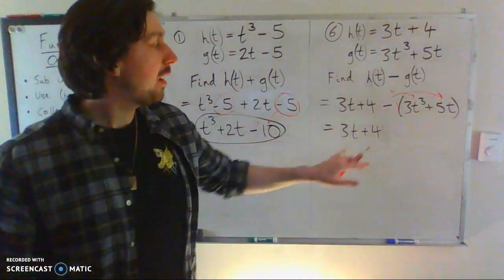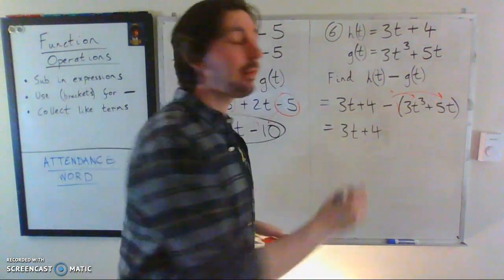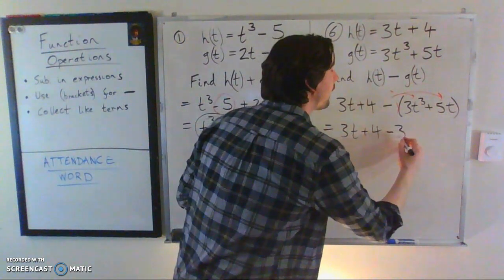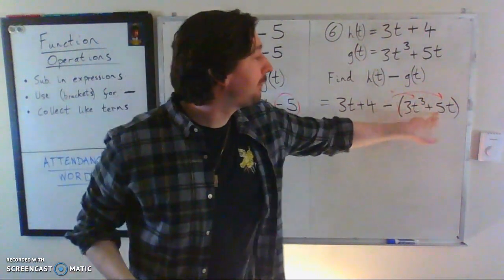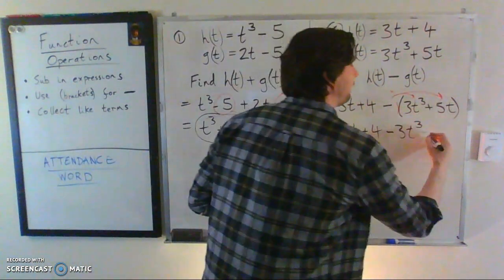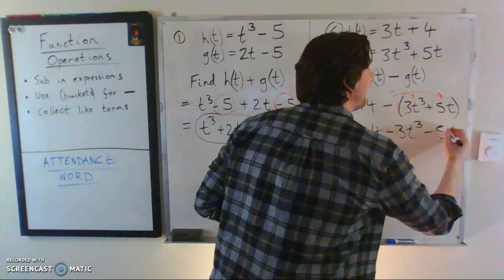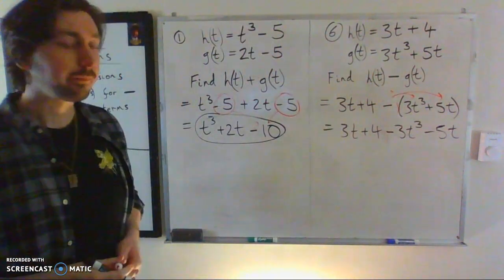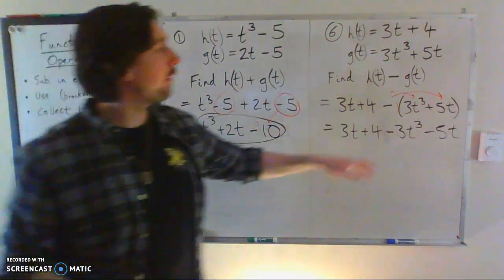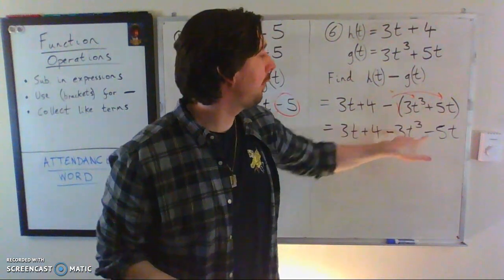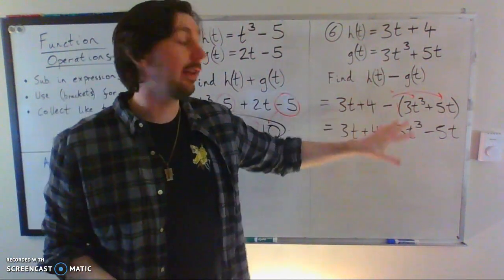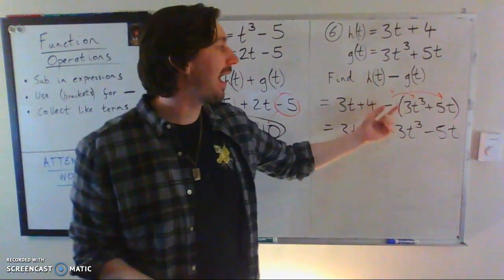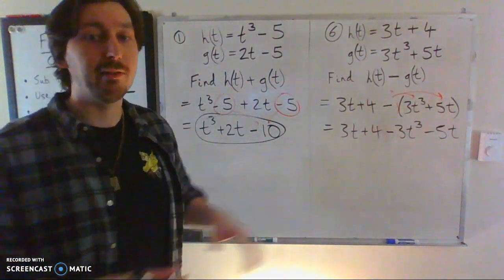Those two stay the same, but now I'm going to have negative 3t to the power of 3, and then the negative 5t when I distribute this, okay? So you see how both signs have changed. So just remember to do that when you're subtracting. Maybe put a bracket in and distribute it to make it easier.